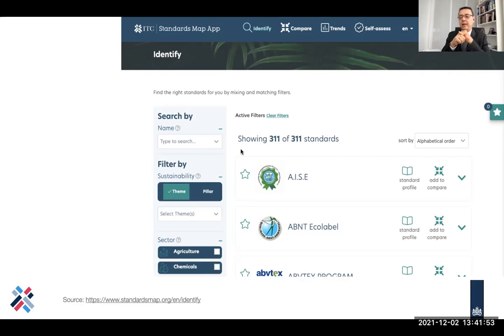So elimination of child labor, elimination of slave labor, elimination of synthetic chemical residues because of the use of pesticides and fungicides and synthetic fertilizers and all these things, or for example, the elimination of fishing practices that destroy coral reefs. There's a lot of these concerns, and it's from these concerns that private standards stem.